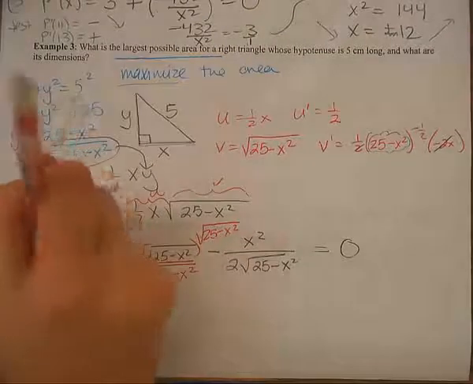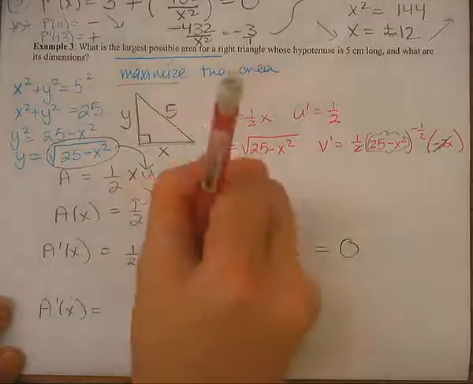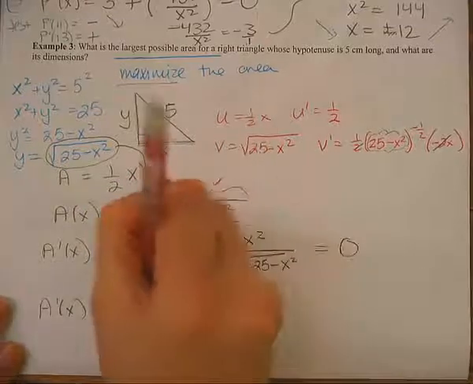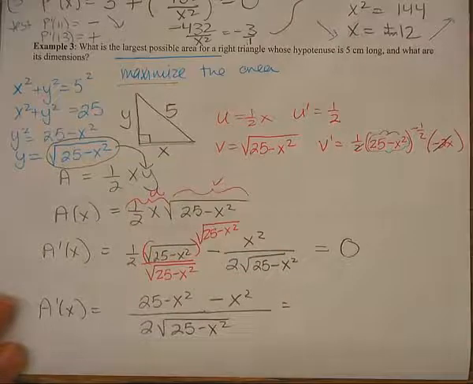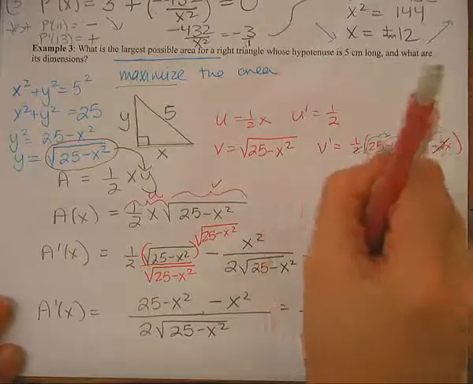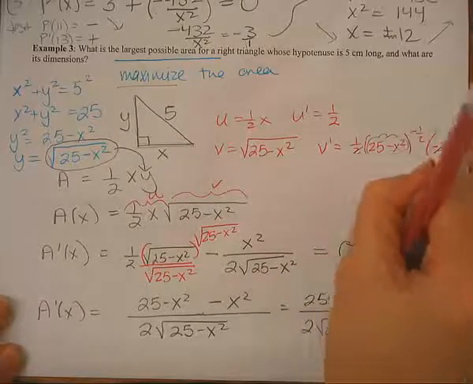So then you end up with 25 minus x squared minus x squared all over 2 times the square root of 25 minus x squared. And that becomes 25 minus 2x squared all over 2 times the square root of 25 minus x squared.